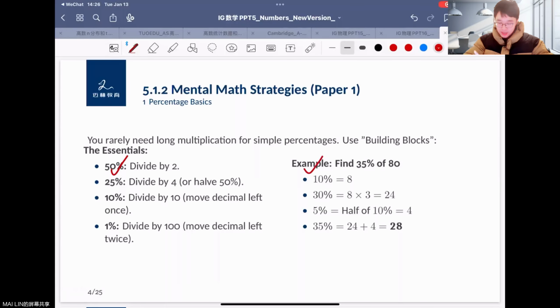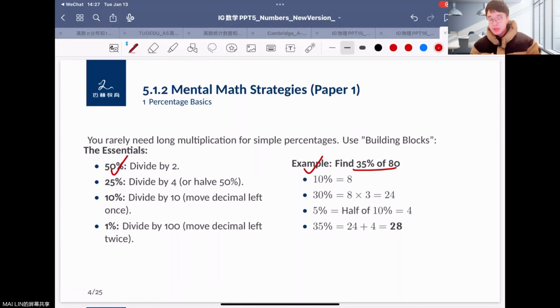Here's another example: finding the percentage of a value. You want to find 35% of 80, so you multiply 35% by 80. The first time it may be hard to calculate, but you can use a calculator.